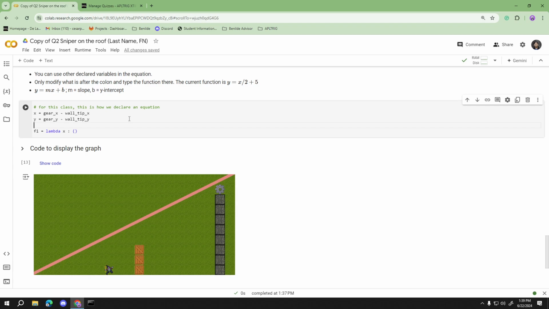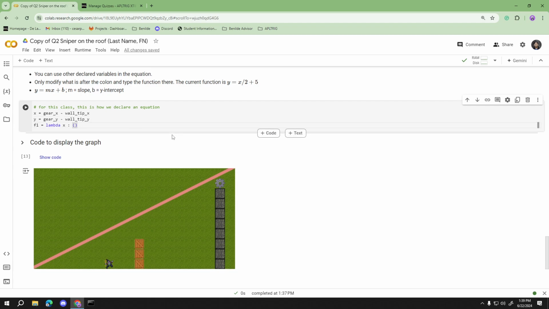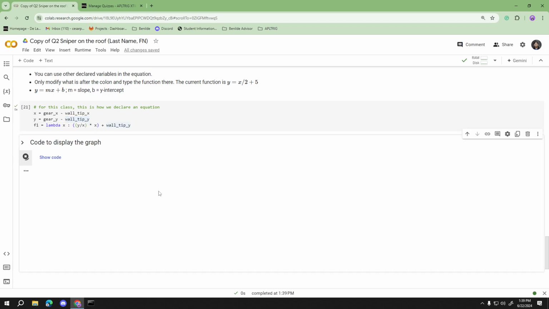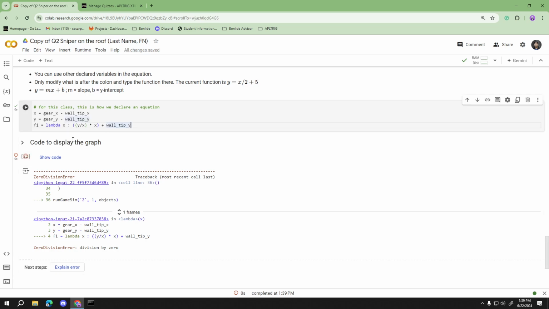Okay, let's try to solve this. y is equal to mx plus b. m is y over x, that's our slope. We multiply that by x, that is this one, plus wall tip y. This might be wrong. Yeah, it's wrong.